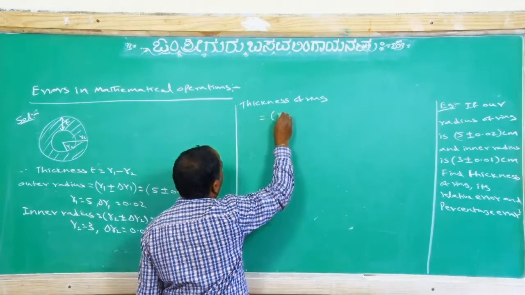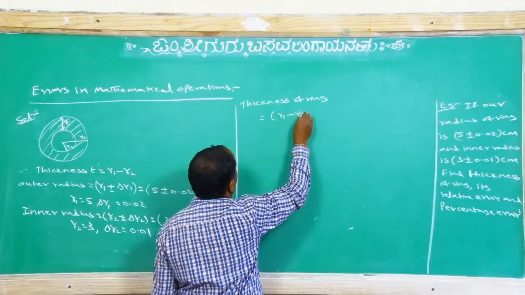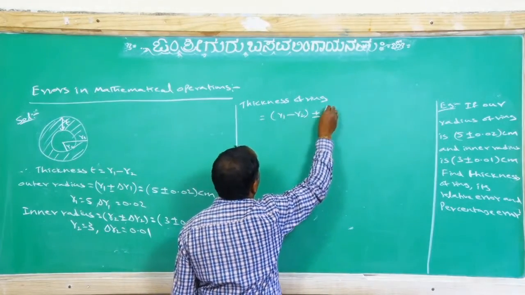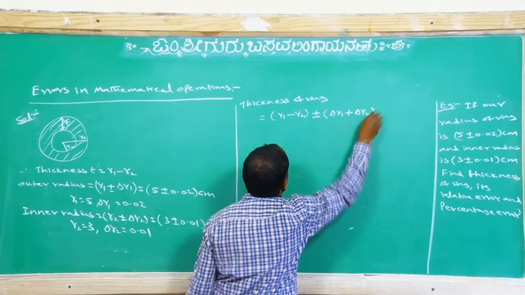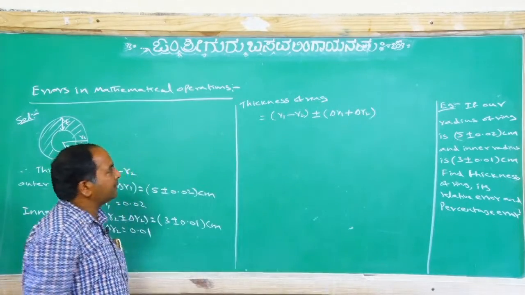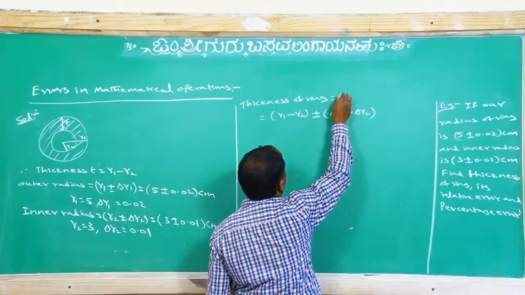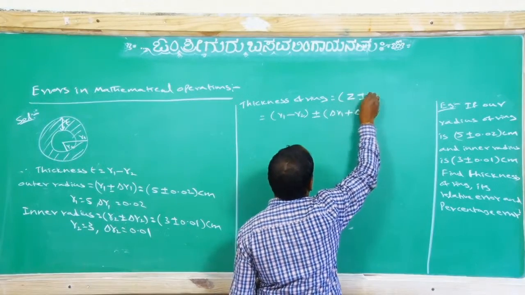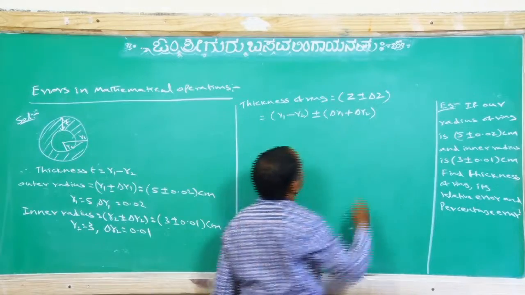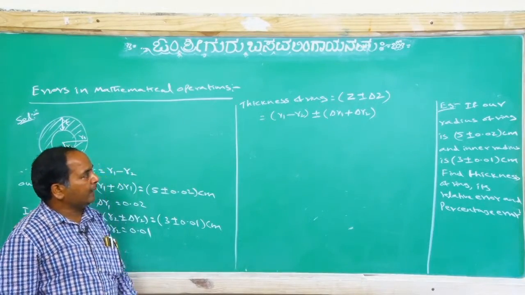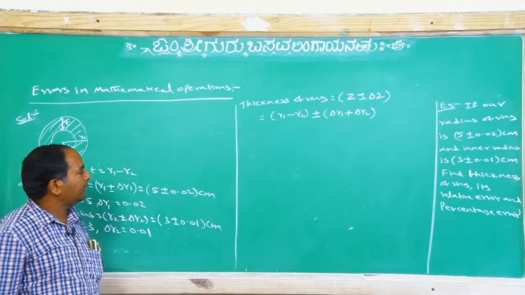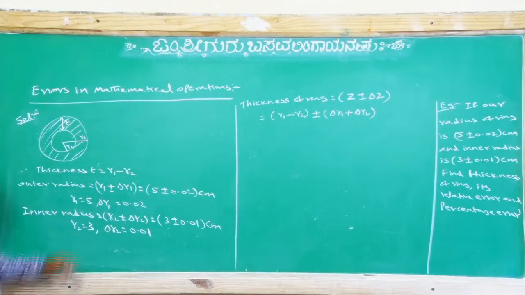That is R1 minus R2 plus or minus delta R1 plus delta R2. Why? Because for the thickness of the ring we may write Z plus or minus delta Z. So here Z means R1 minus R2, and delta Z means delta R1 plus delta R2.